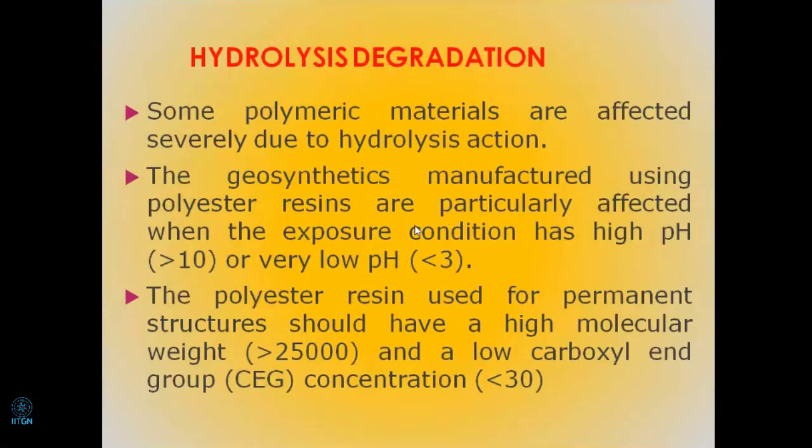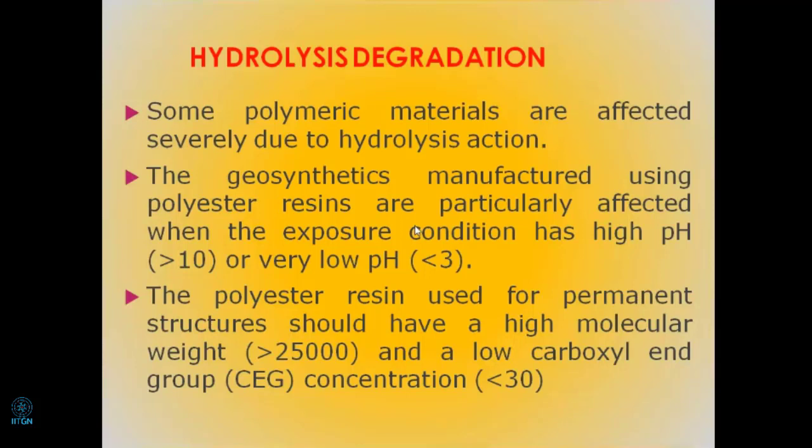This is again a durability test, for hydrolysis degradation, in which some polymer materials are affected severely due to hydrolysis action. Under this, we have to see whether, when the exposure conditions are high pH, like more than 10, or very low pH, less than 3, the material is damaged.